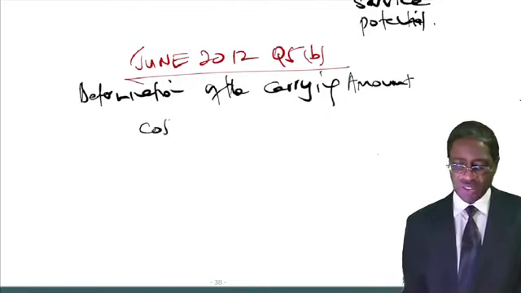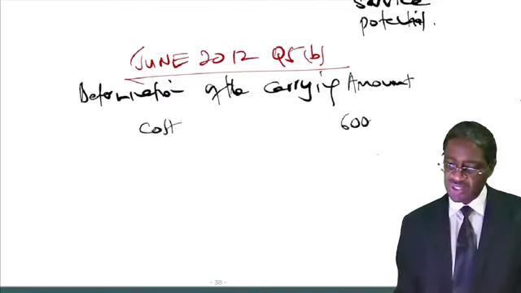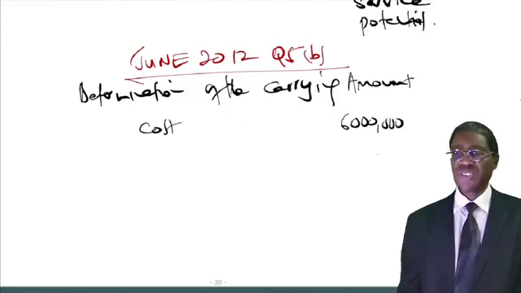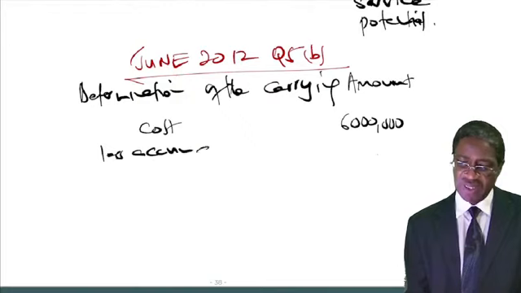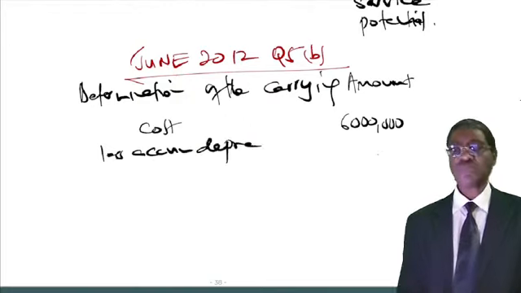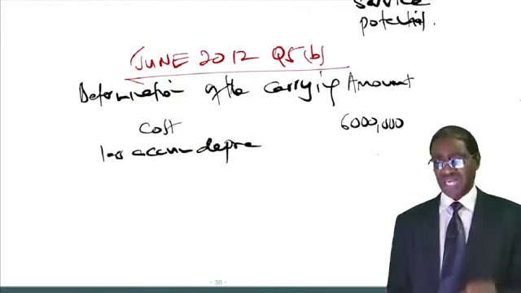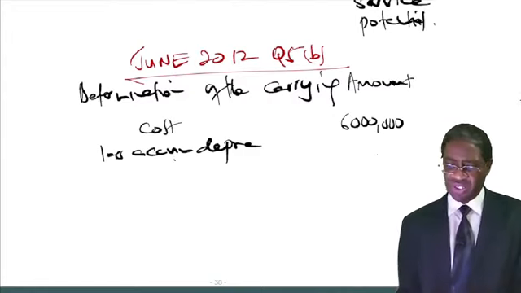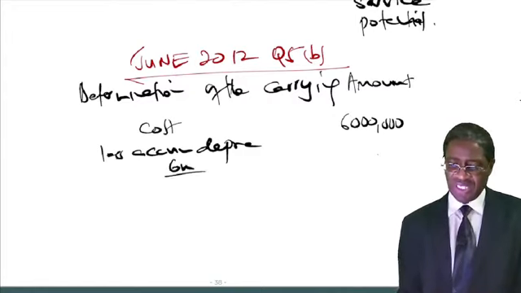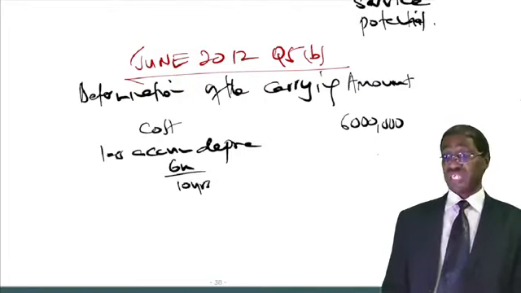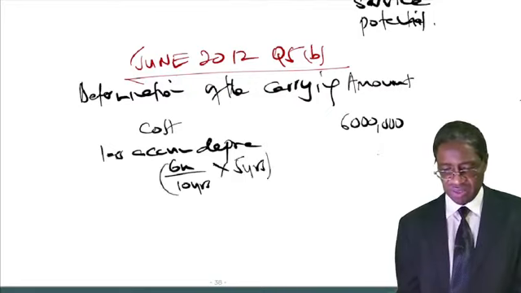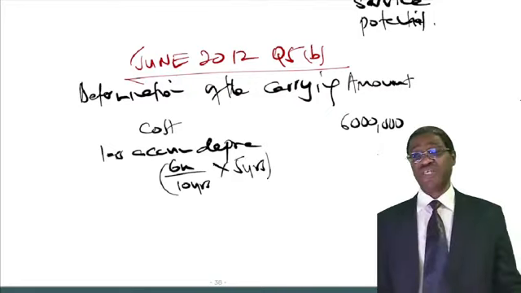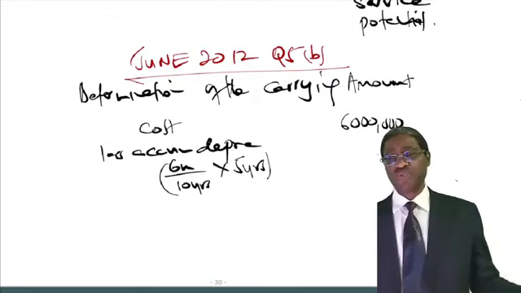Let's take the cost. We are told the cost was 6 million. We less accumulated depreciation. That bus cost 6 million. It had a useful life of 10 years. We are testing in 2010 after 5 years, so we multiply by 5 years. Cumulatively, what is the accumulated depreciation?